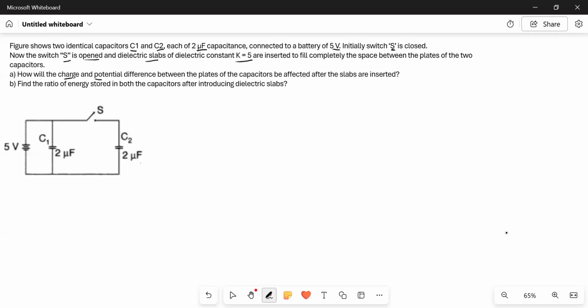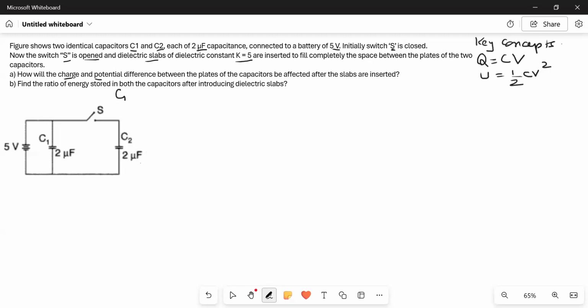So this is a problem on capacitors, and the key concepts which will be used is that the charge Q in a capacitor is given by CV and the energy of a capacitor is given by half CV squared.